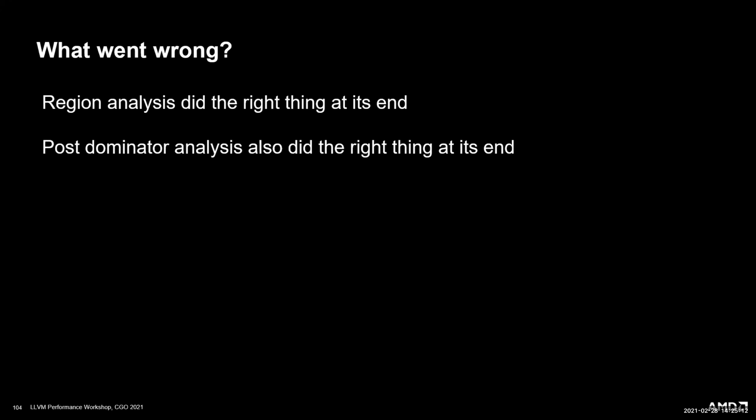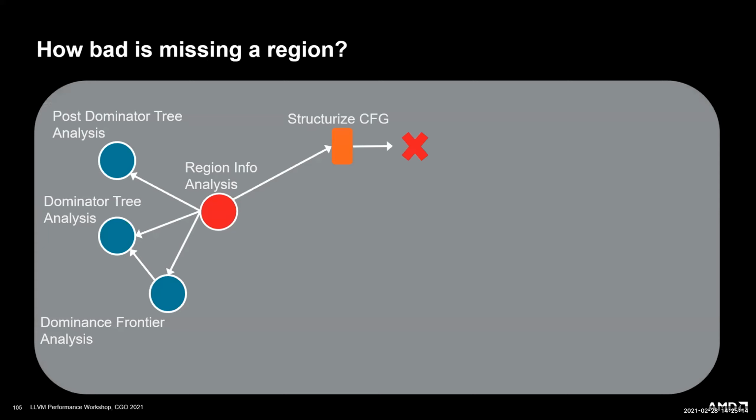As I said, how bad is missing a region? I teased you that we have a region pass. We also have a pass called StructurizeCFG, which uses region info. I guess it's a region pass, and it crashes when it sees a CFG for which we are not able to detect a region. So it's pretty bad.